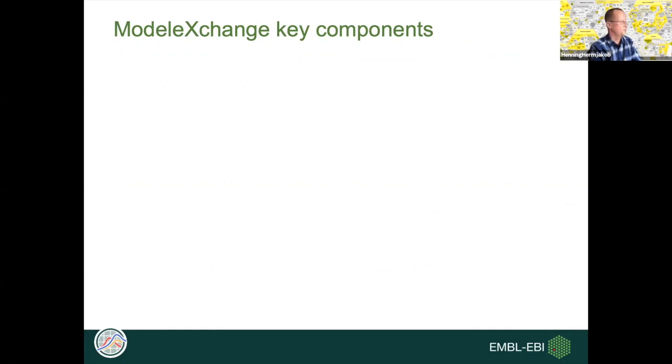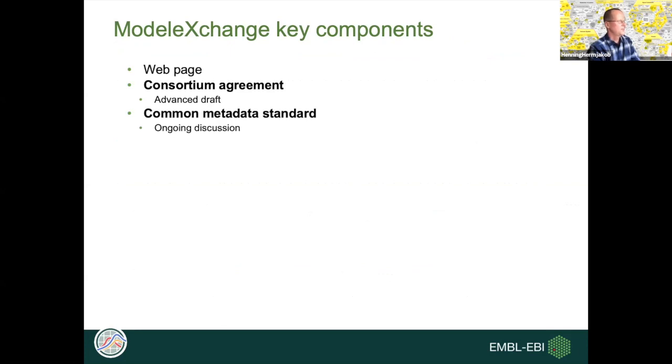And we've started this in a currently very loose collaboration, ModeleXchange, where we aim to have together across model repositories, well, a web page once we have something to show. We have an advanced draft of a consortium agreement, how we interact with each other.